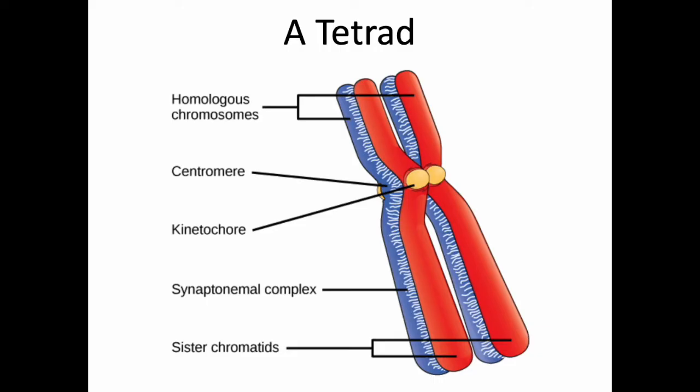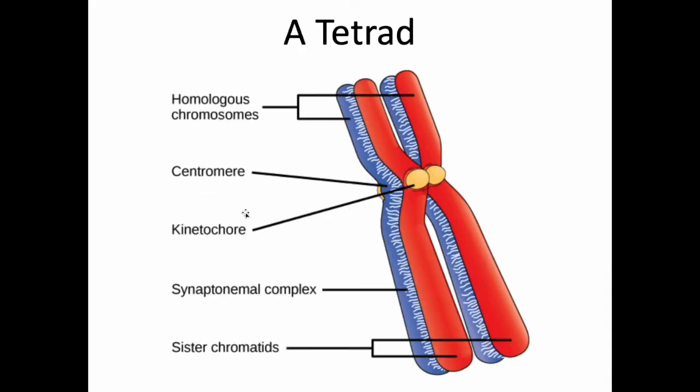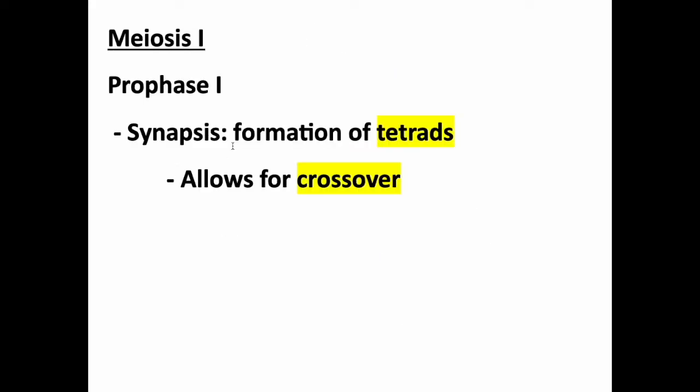So why? What was the purpose of doing this? What was the purpose of forming this tetrad? We didn't do it in mitosis. Why are we doing this? We go through synapsis and we form these tetrads in order to be able to do something called crossover. There's another term for it I'm not going to use.